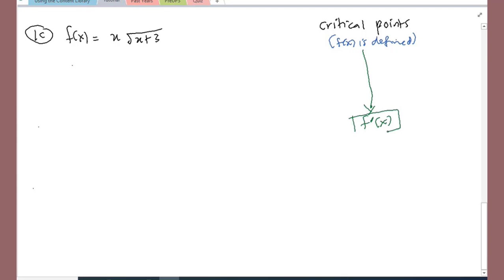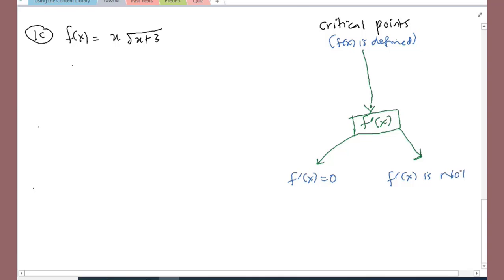Then you have to consider when f prime of x is equal to 0 and when f prime of x is not defined. These are called all critical points.